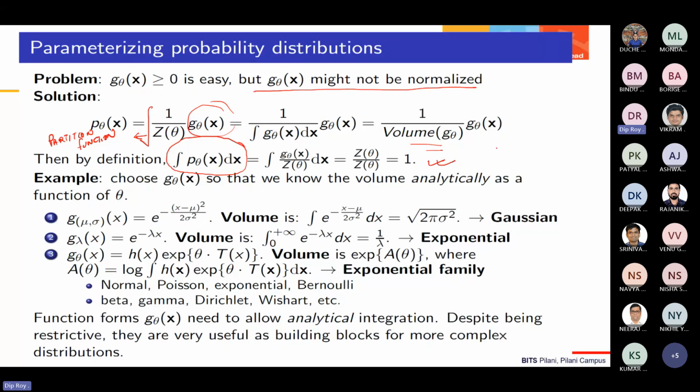It looks like this: 1 by square root of 2 pi sigma square, e to the power minus x minus mu whole square over twice sigma square. This is the formation of a PDF for a multivariate Gaussian.